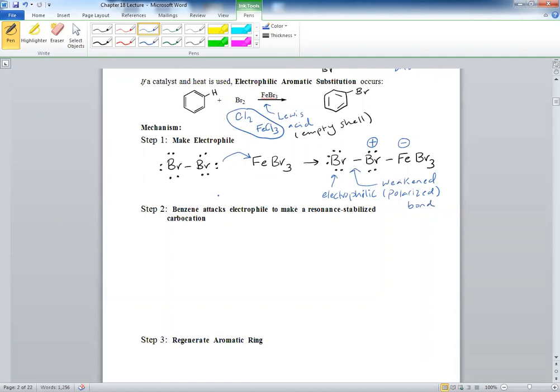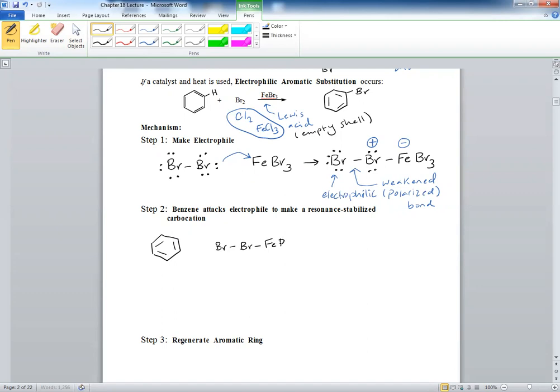So let's go now to step 2. Step 2 of the reaction involves now the reaction between the benzene ring and the electrophile that you made from the step before, from step 1. So let's bring our benzene ring down here, and our electrophile.